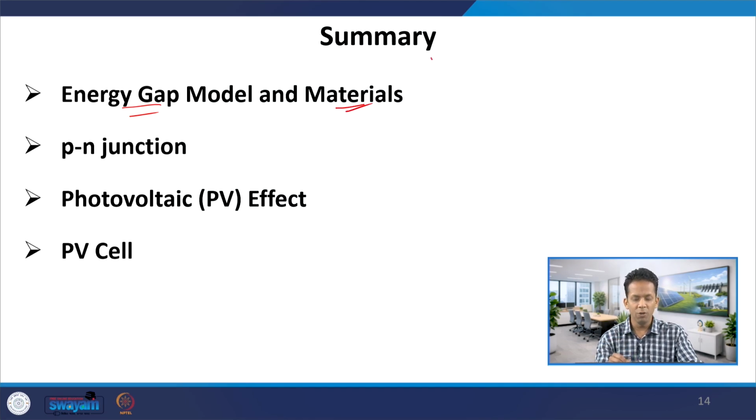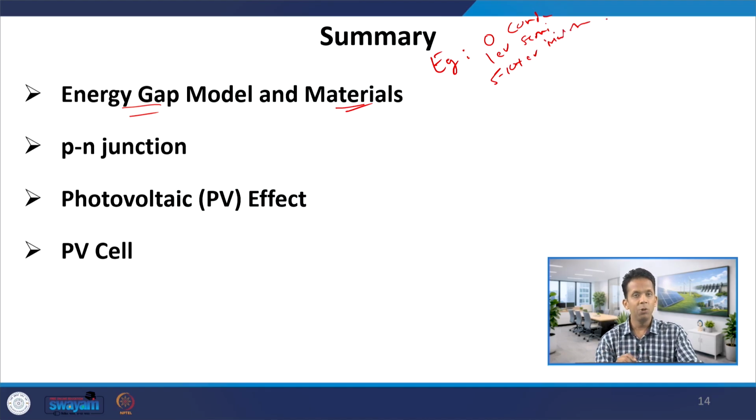If it is zero or overlapping, it is called a conductor. If it is in the 1 electron volt range, it is a semiconductor, and if it is 5 to 10 plus electron volt, it is called an insulator.